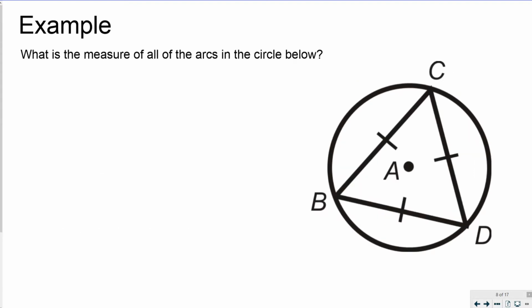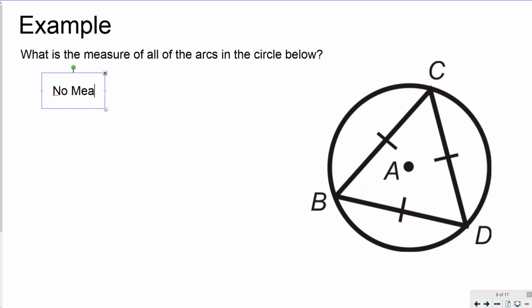Okay, so another example, what is the measure of all the arcs in the circles below? In the circle below, I'm not given anything. They give me a triangle and they say all three sides are congruent. Okay, so let's parse out what we know.